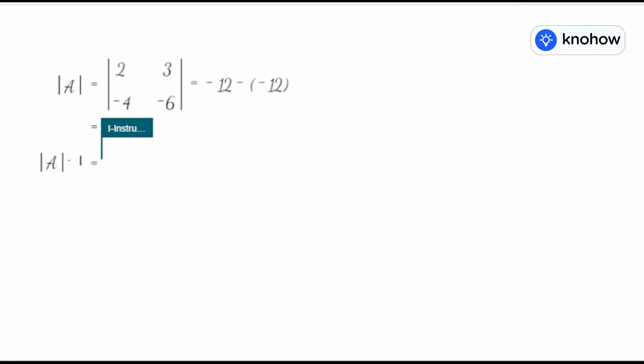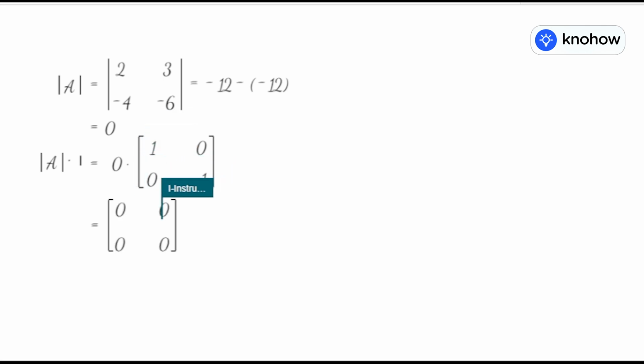Determinant A is 0. The identity matrix of second order is 1, 0, 0, 1, and multiplying by 0, each element is multiplied by 0, so you get 0, 0, 0, 0. So now, what do you find?